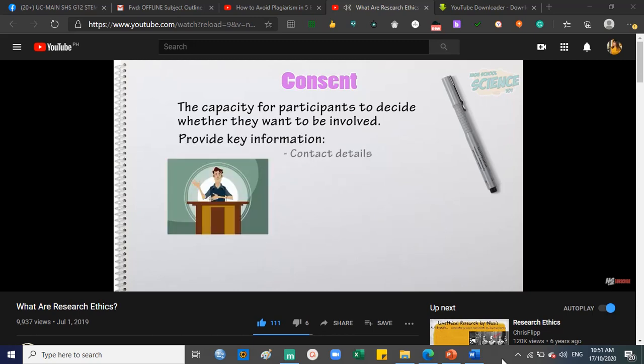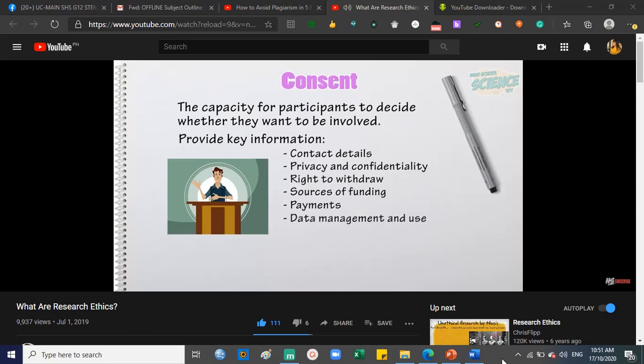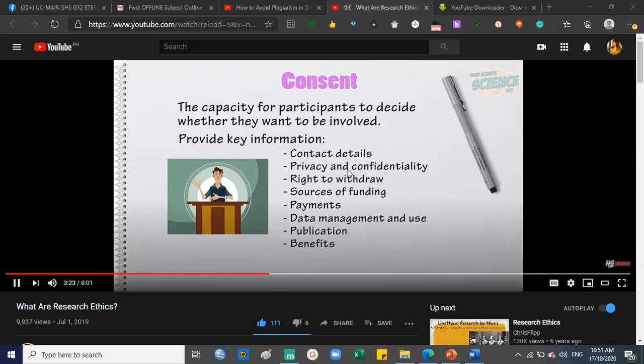This includes the contact details of yourself and where complaints should be directed to, how their privacy and confidentiality will be protected, their right to withdraw at any stage, what the sources of funding are for your research, whether there's any payments to be made to participants, how your data will be managed and used, the likelihood of your research being published, and what you think the foreseeable benefits are of your research.